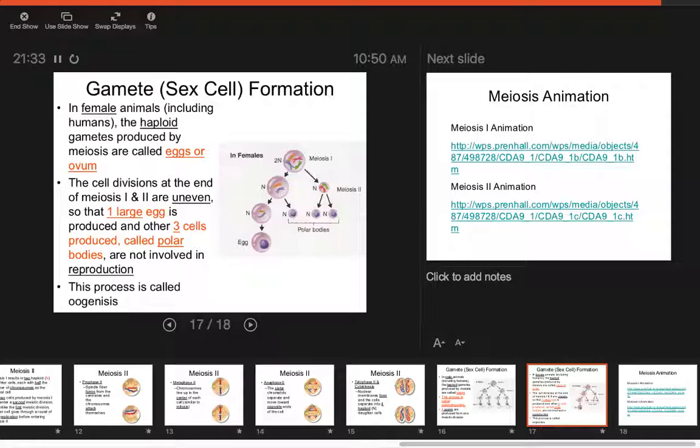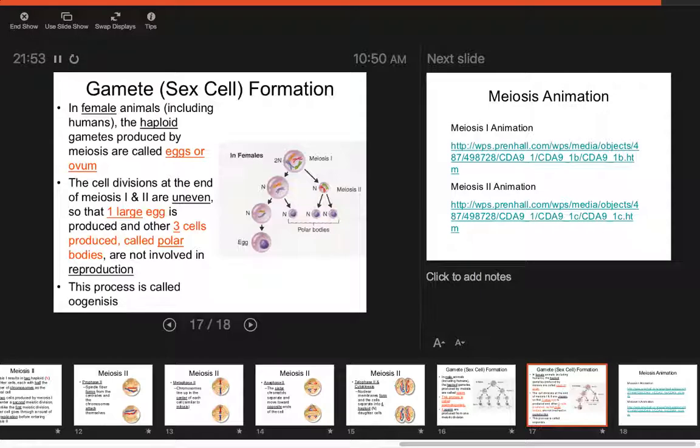The other interesting thing about females is they are born with all the oocytes that you're ever going to have. Males, our bodies are constantly producing sperm through the spermatogenesis cycle. But for females, you're born with all of the oocytes you're ever going to have.